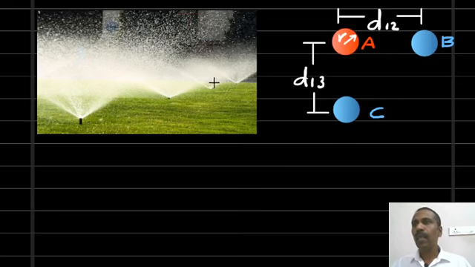Now we look at this water sprinkler system. When you consider this area, it is watered by this particular sprinkler, but obviously we get water from the neighboring sprinklers also.